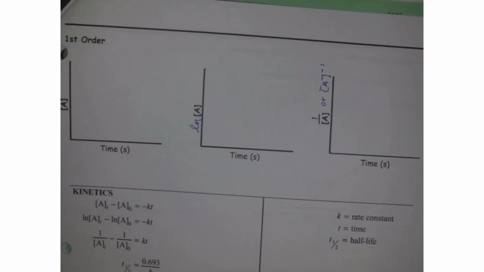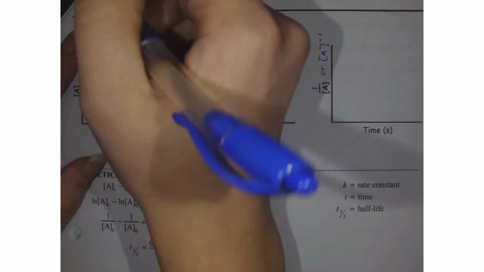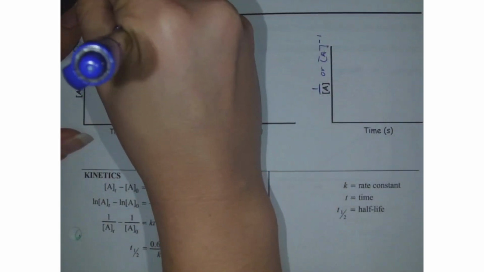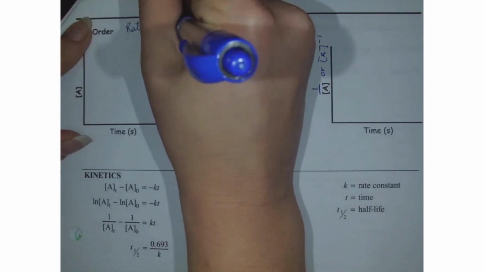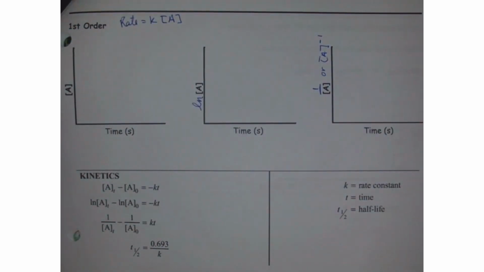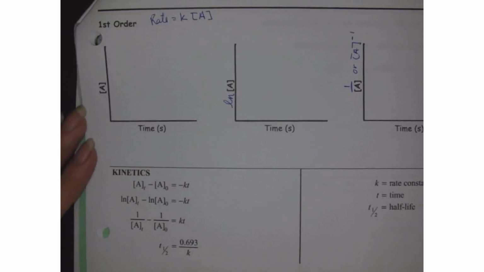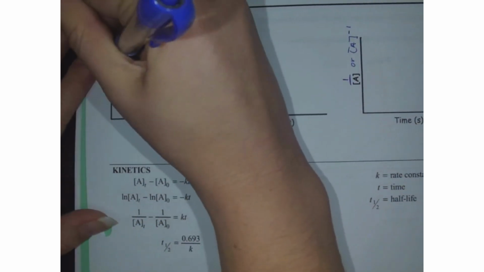Now, when it is first order, not second order, we know that our rate law would be rate is equal to k times the concentration of A raised to the first. And often we don't have to write that down. So I'm going to show you 3 graphs. The concentration versus time graph when it's first order usually looks something like this.